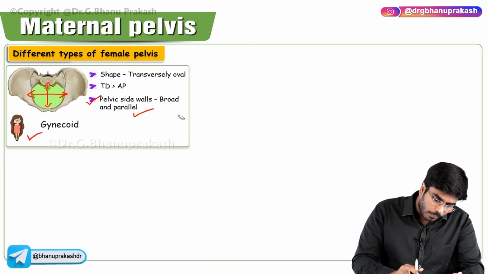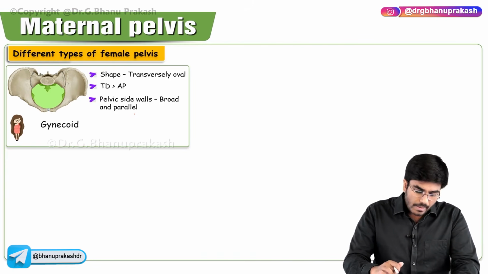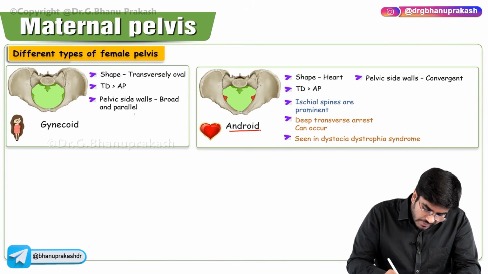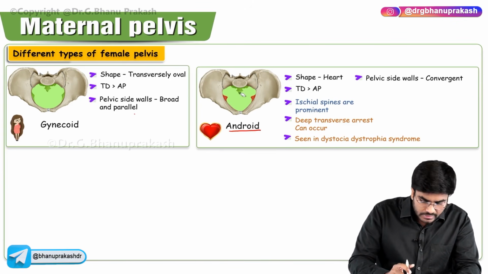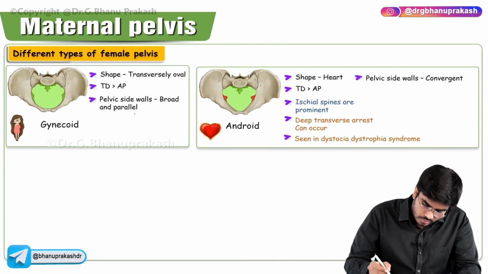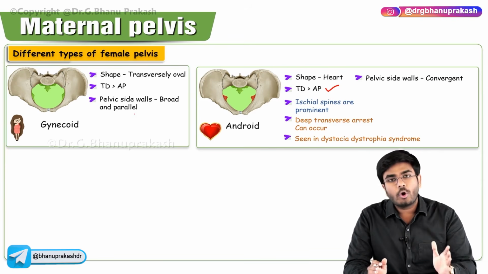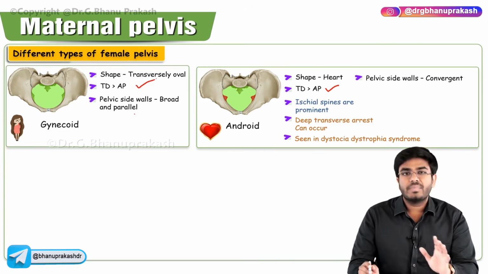Having broad and parallel pelvic side walls will facilitate the delivery more conveniently. But if I am talking about android pelvis, the shape of the pelvic inlet is more heart shaped. Here also, please concentrate, the transverse diameters are greater than antero-posterior diameters. In both gynecoid as well as android pelvis, transverse diameters are greater than the antero-posterior diameters.